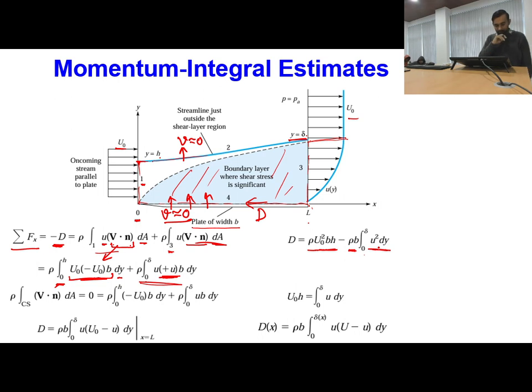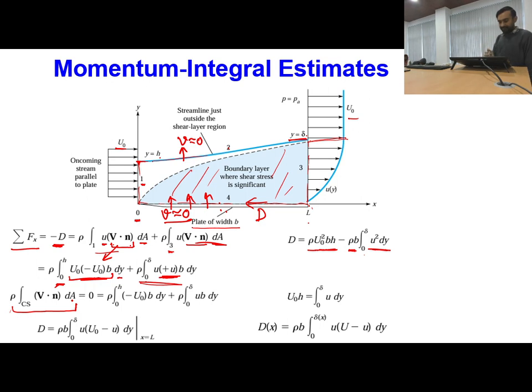Okay. Now, in order to further simplify this equation, I am first writing the continuity equation. As per the continuity equation, density times integral over the entire control surface v dot n dA will be equal to 0. This is nothing but the integral form of the continuity equation. Now, because there are no velocities in phase number 2 and 4, only v dot n dA integral I need to calculate at phase number 1 and phase number 3.